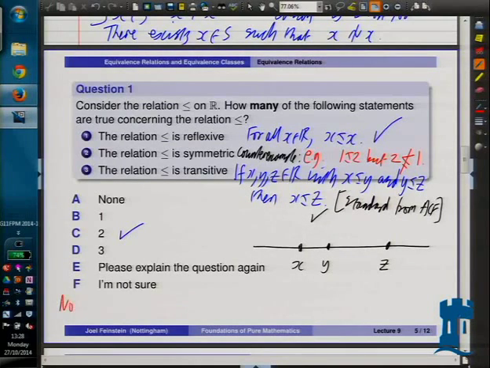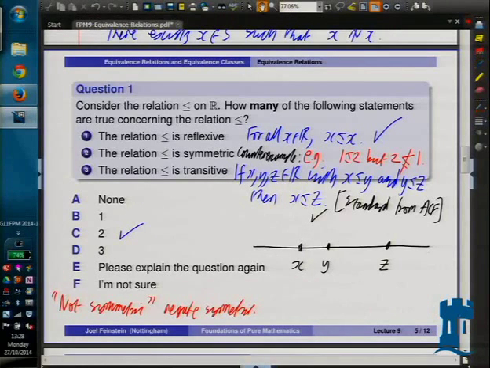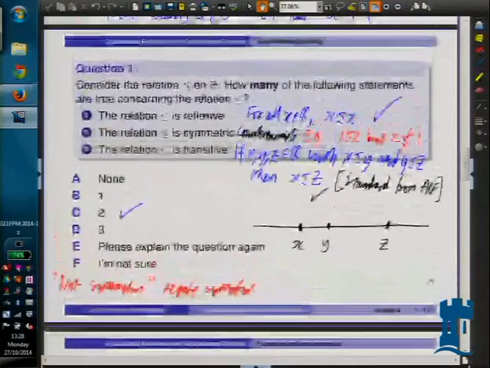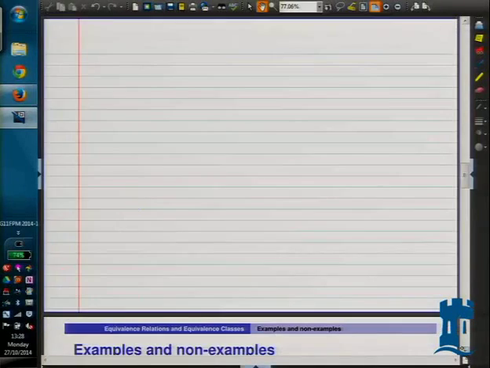not symmetric, means you have to negate symmetric. Let's see, you've got any space down here? Just make a bit more space for this one.